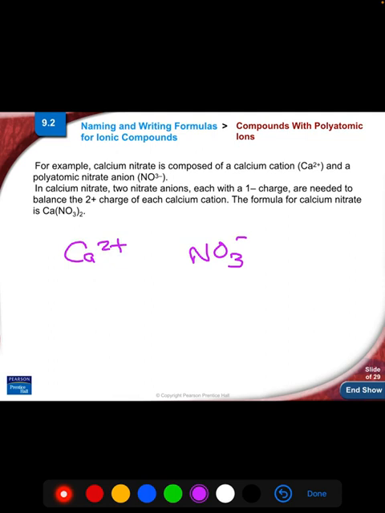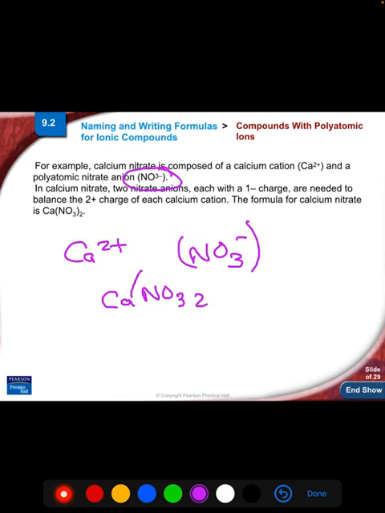So it means I'm going to need 2. And when I write that calcium nitrate, my problem is I'm going to need 2 of them. But if I write it like that, it looks like I've got 32 of them. So because these stay together as a group, we frequently include them in parentheses.